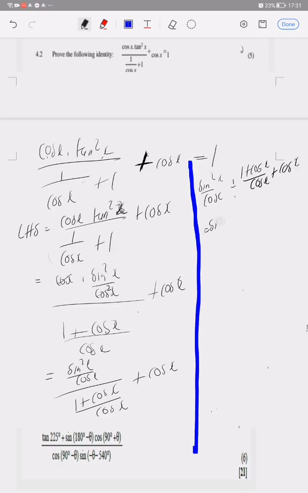So this becomes sine squared x over cos x times cos x over 1 plus cos x, plus a cos x. I know this one will cancel this one, right? So how many marks was this? 5. There's a lot of work for 5 marks, eh? So this is sine squared x over 1 plus cos x, plus a cos x.